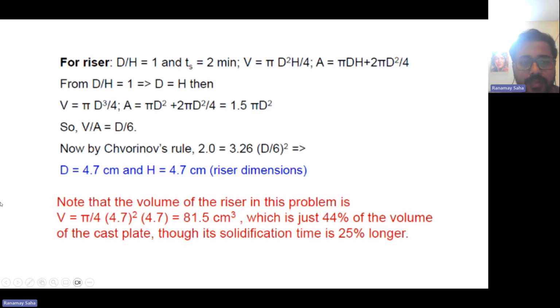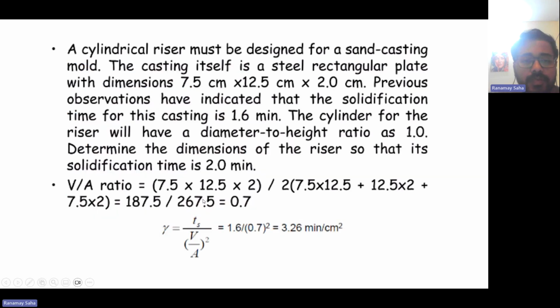Now you just plug the values into the equation for the volume of the cylindrical riser. You find it to be 81.5 centimeter cube. What was the volume of the cast? It was 187.5.